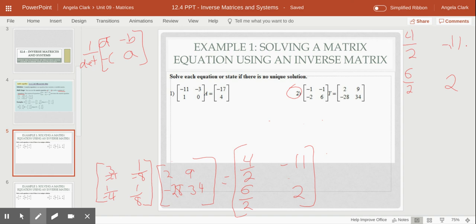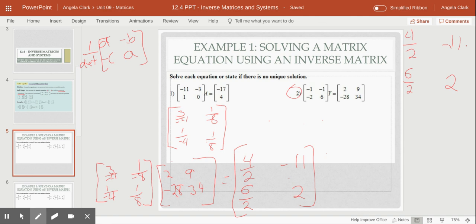I don't actually want to erase my inverse before I rewrite it because I don't have it written anywhere else. Negative 4, 1 over negative 8, 1 over negative 4, 1 over 8.